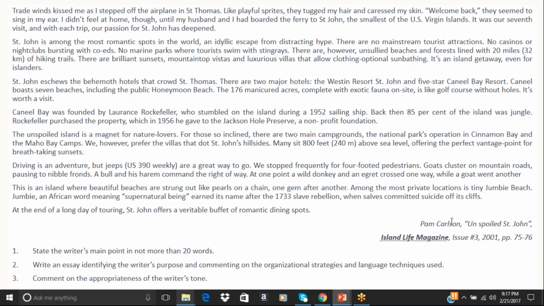It is an island getaway even for islanders. St. John eschews the behemoth hotels that crowd St. Thomas. There are two major hotels, the Westin Resort, St. John, and five-star Caneel Bay Resort. Caneel boasts 7 beaches, including the public Honeymoon Beach. The 176 manicured acres, complete with exotic fauna on site, is like a golf course without holes.